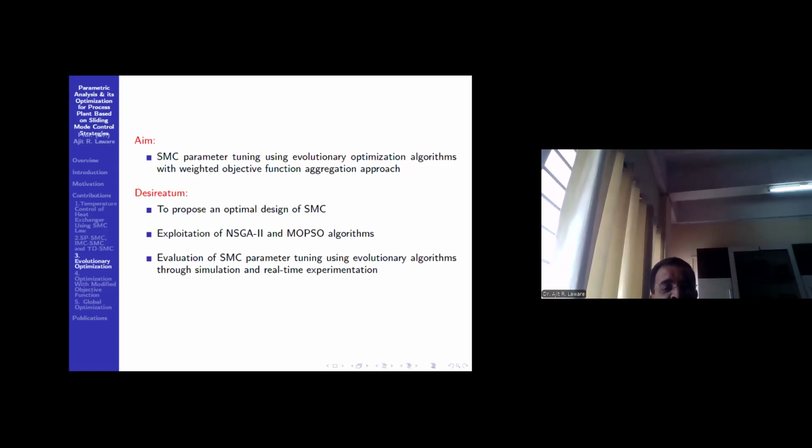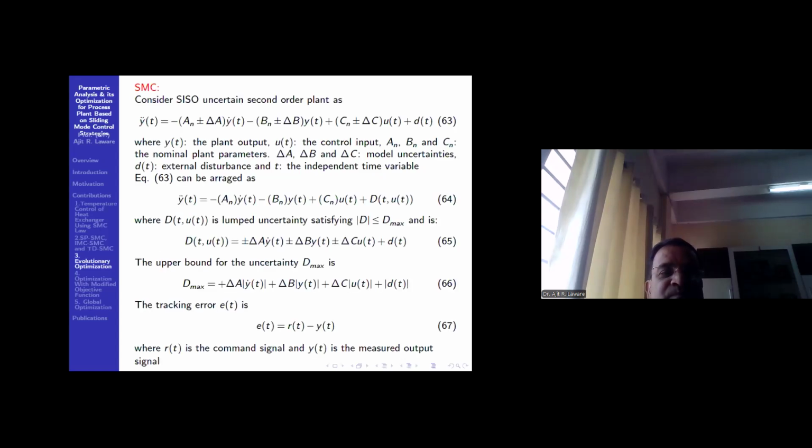The aim of my contribution is to propose an optimal design of SMC exploiting NSGA2, the non-dominated sorting genetic algorithm II, and multi-objective PSO, particle swarm optimization. Based on this, whatever best parameters I get, I will collect and implement them in real-time experimentation.